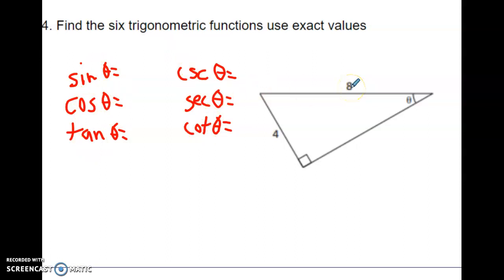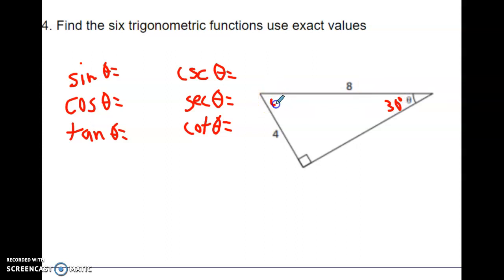Well, the first thing I notice over here is I only know one side and the hypotenuse. So I need to find the other side, and I can see that since this short side is half of this long side over here, I know that this is a 30, 60, 90 triangle.